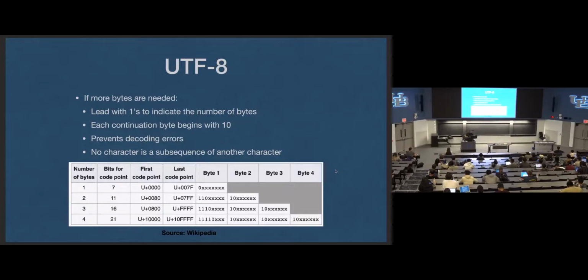It prevents decoding errors, and you can detect errors pretty easily. A lot of times, if a bit is flipped, you'll get a decoding error and at least be able to know that something went wrong. But this is how we specify how to do a multi-byte protocol. Because how do you know if a character is 1, 2, 3, or 4 bytes? The number of ones in the leading byte.